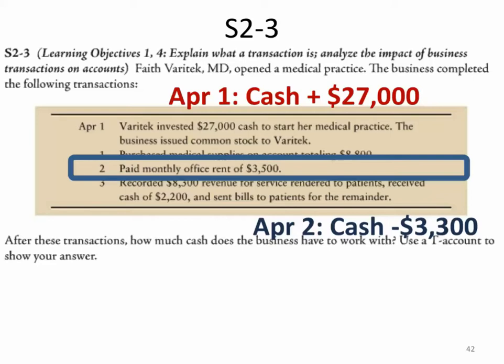So we paid office rent, and cash will be reduced. So I put a minus sign in front of that 3,500. So I'm just kind of keeping a running total. Ooh, this is going to bug me. Okay, so do as I say, not as I write. Okay, so 3,500 minus 3,500.